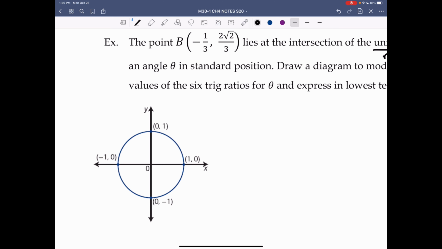So if I put a line here and here, that's about 3 equal sections. Then the first one is negative 1 over 3. If I go straight up from there until I intersect the unit circle, there's where my point B would lie on the unit circle.